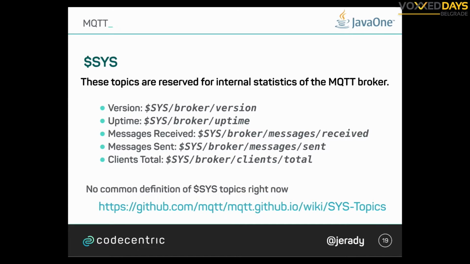Via subscription to these sys topics, you are able to receive some status info of the broker. Is the broker alive? Okay, he might be alive if you're able to connect, but you can also receive the broker version, the supported protocol version, how many messages have been sent and received, how many clients are connected, so some meta status info of the broker connection or the broker status itself.